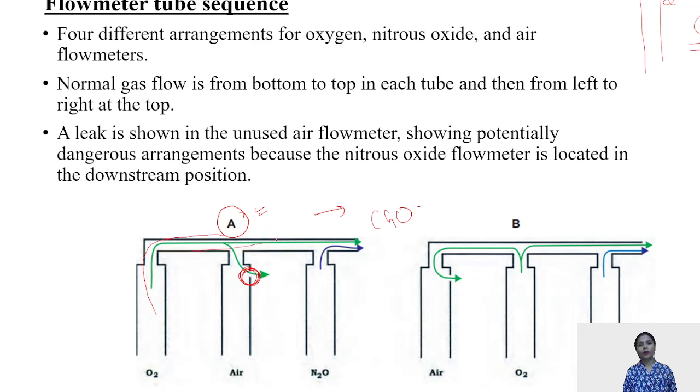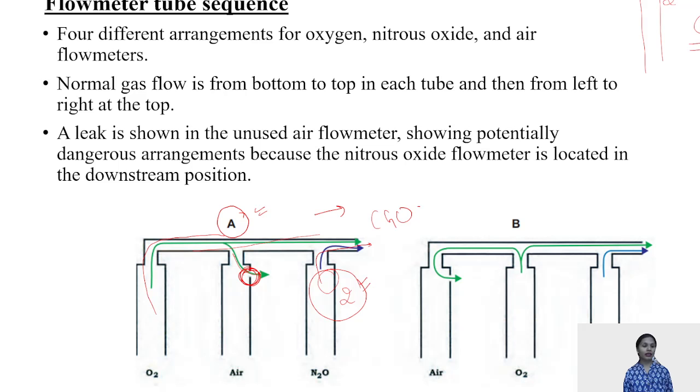One, the common pathway that it was going, and the second is the least resistant path. That's a tendency, right? So eventually what is being delivered to the patient would be less of oxygen and more of nitrous oxide. Thus a hypoxic mixture will be delivered. Thus always oxygen has to be the first to be delivered to the patient.